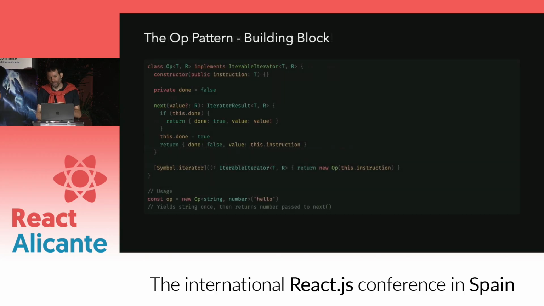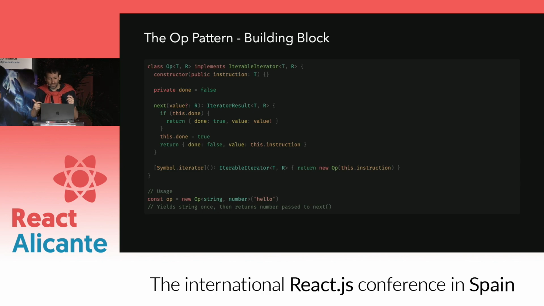But let me show a pattern that can maybe change everything. This is the OP pattern, also called SingleShotGen. This is a generator iterator that yields once the value which this class has been constructed with. And once it has yielded that value, it will return as the return value whatever you passed into next.